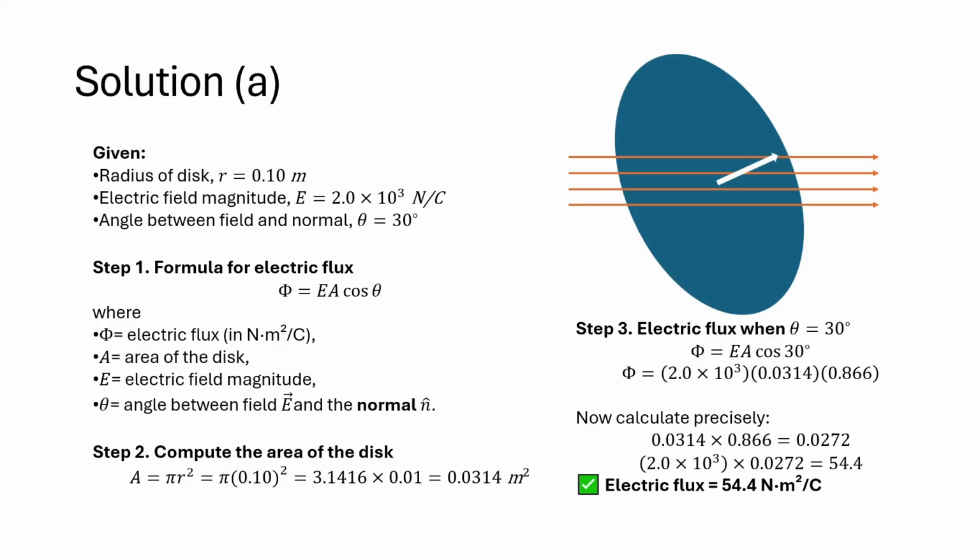So the electric flux, in this particular condition where the normal of the area of the disk is at 30 degrees with the electric field lines, is 54.4 Newton square meter per coulomb.